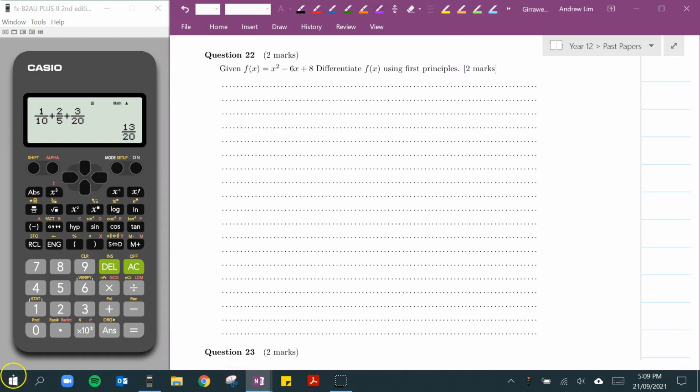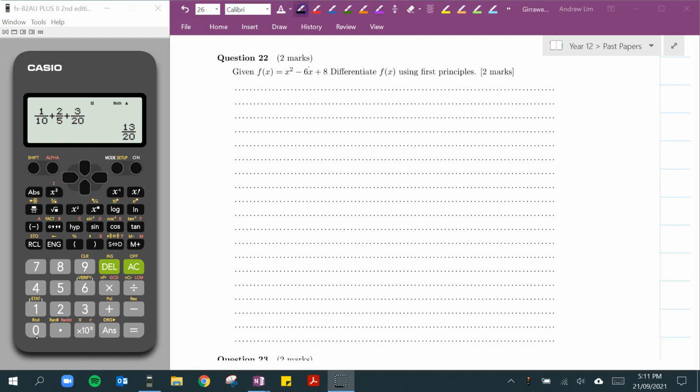Question 22. Given f of x is equal to x squared minus 6x plus 8, differentiate f of x using first principles. So first principles, f dash of x is equal to the limit as h approaches 0 of f of x plus h minus f of x all over h.